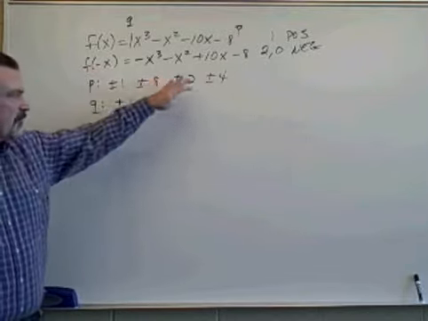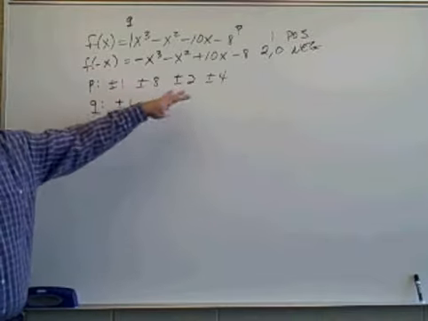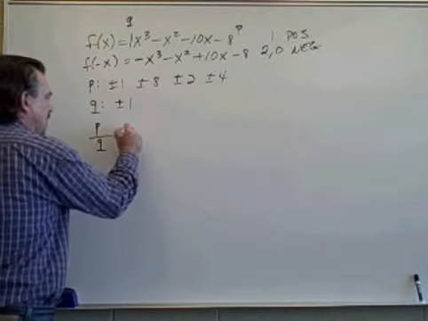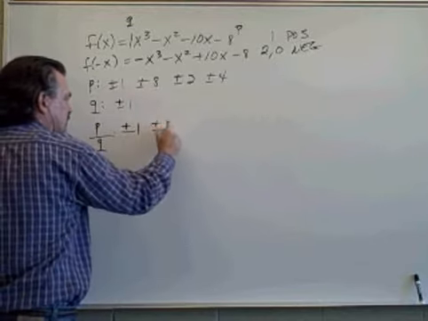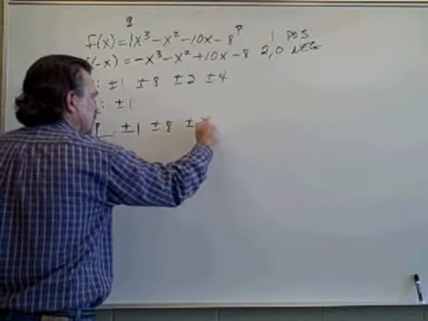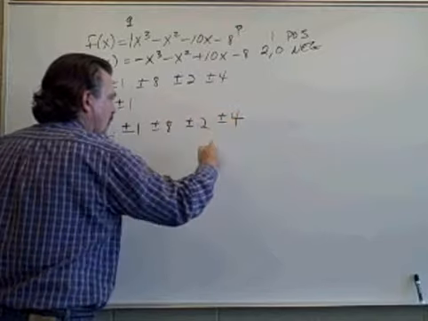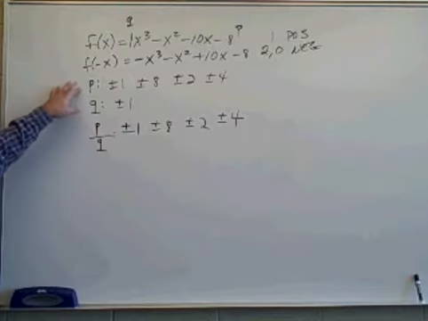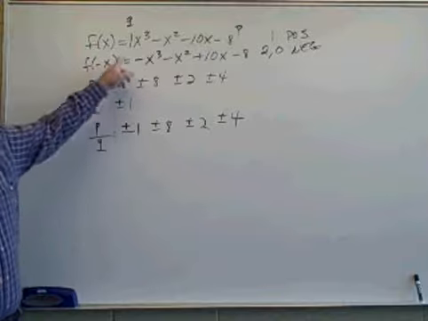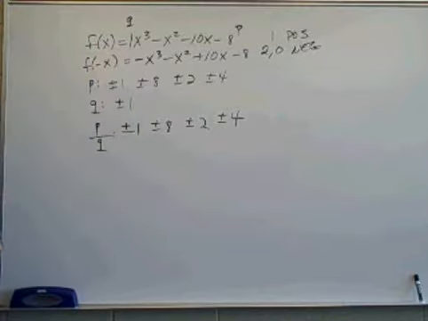So I'm going to be putting those numbers over 1, which is just going to be those numbers again, isn't it? 1 over 1 is 1, 8 over 1 is 8, 2 over 1 is 2, 4 over 1 is 4. So in this case, the P over Q rational numbers end up being the same as the P values, which doesn't always happen. If the coefficient had been 2, that would change things for us. And we'll look at an example like that in another video.